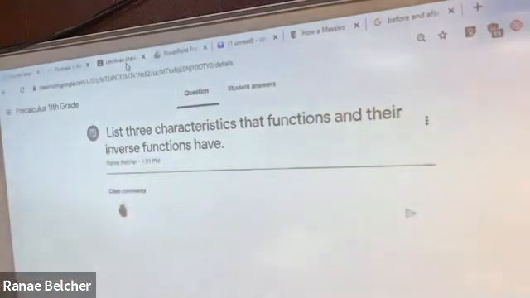What'd you get? Find anything? Nice. A reflection, because you got a function graph and you have an inverse graph. So which graph do you mean?